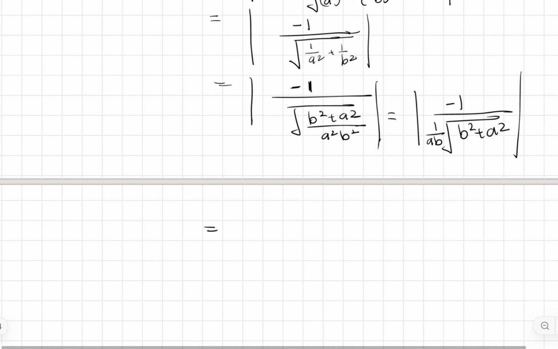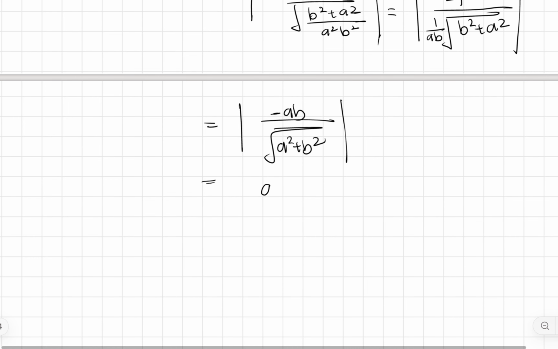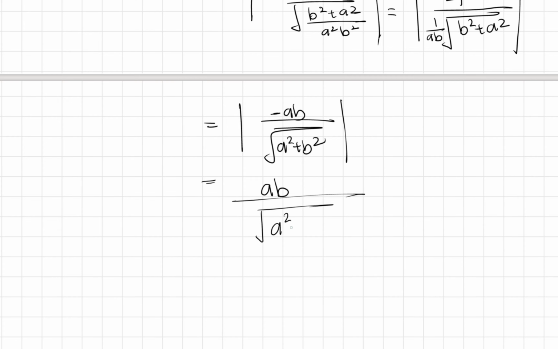Once again, this is simple algebra, so we just took this out of the square root. Now we have 1 over ab, which is the same thing as saying minus ab over the square root of a squared plus b squared. I'm just switching the b squared and the a squared around, but overall it still means the same thing. And now, since it's absolute value, let's just get rid of that negative sign, so we are left with ab over the square root of a squared plus b squared. This is the value of p.